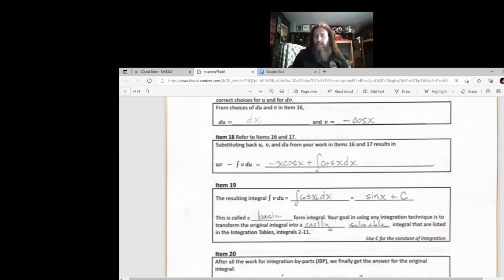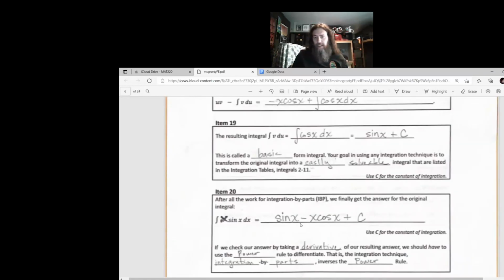So that's how I got this portion of the answer for the integral portion of uv minus the integral of v du. And then if we go back and add in the uv portion of this, we get 20. Again, I just mixed up the terms so that I didn't have to write a negative out front. That's what we got there in 20.